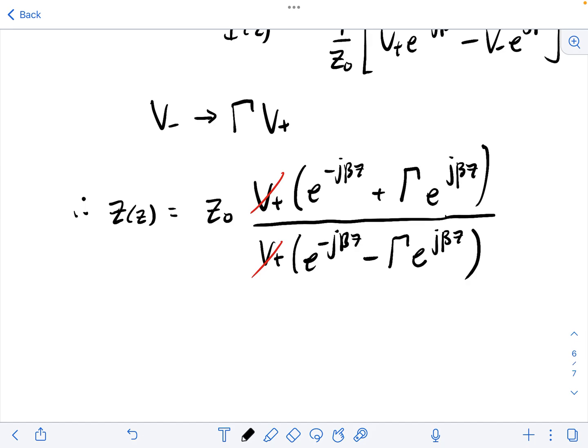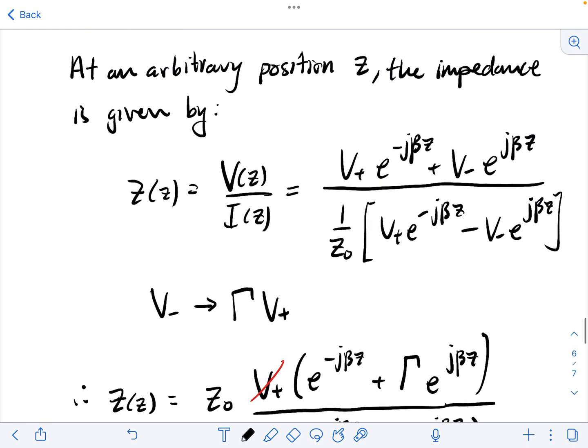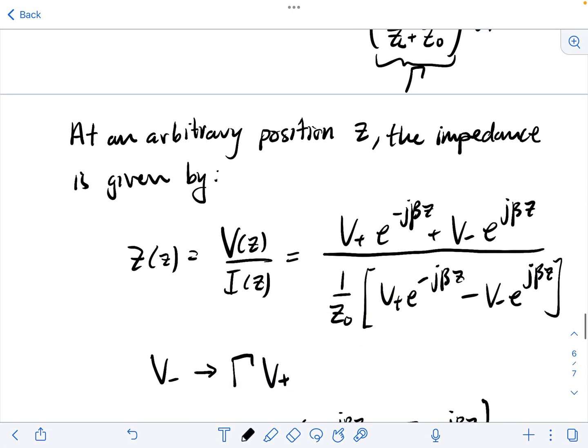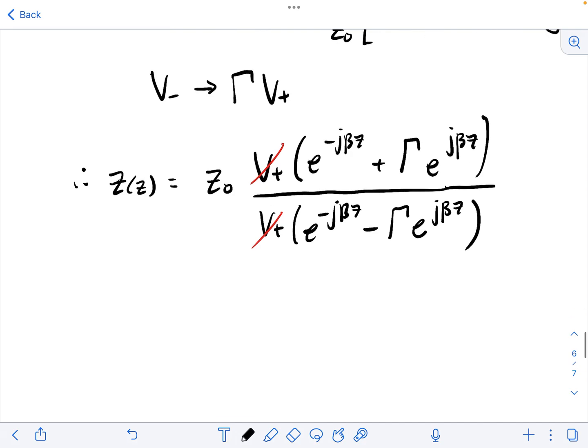We know the characteristic impedance, that's just determined by the geometry of the transmission line. And gamma we can calculate, it's determined from the characteristic impedance as well as the impedance terminating the end of the transmission line, and so presumably we know that value. So in fact, what we can do is put in that expression for gamma.